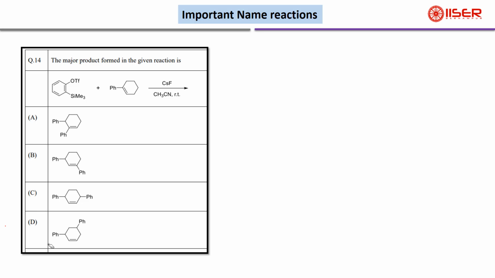So from silicon, this is the olefination reaction. Whenever there is a silicon and a fluorine atom is given, it will undergo an elimination type of reaction.